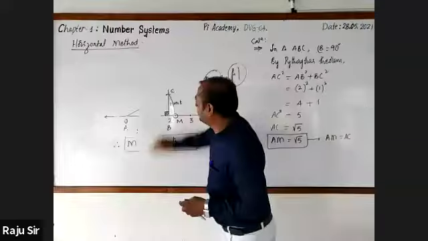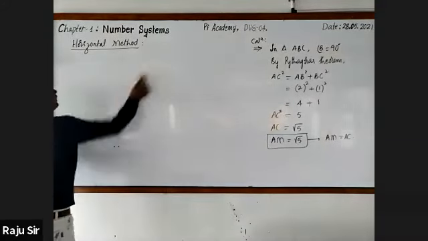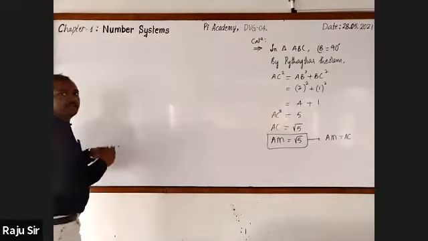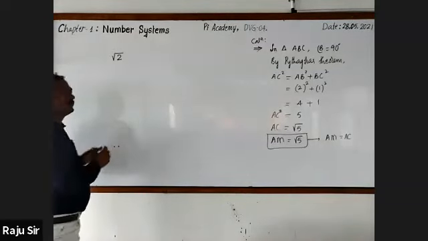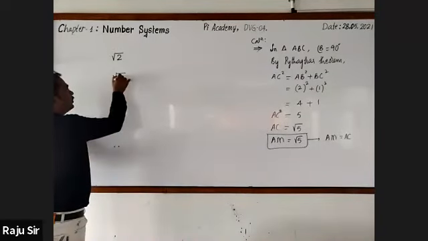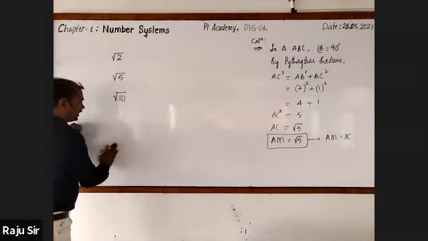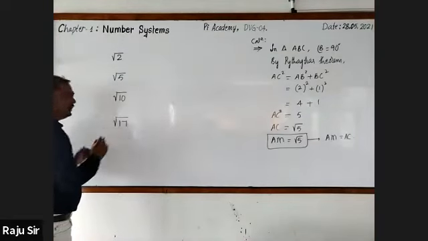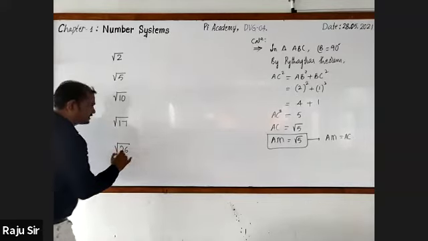Okay, now I'll give you a hint. Don't copy anything, just observe. I'm writing the numbers: root 2, root 5, root 10, root 17, root 26.